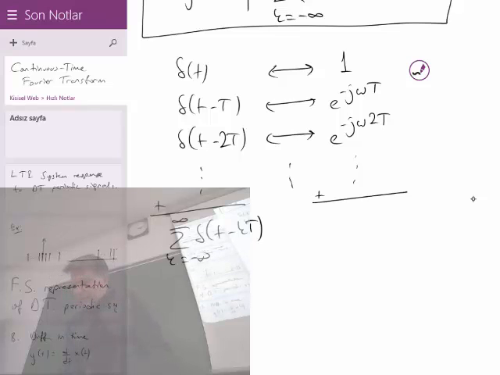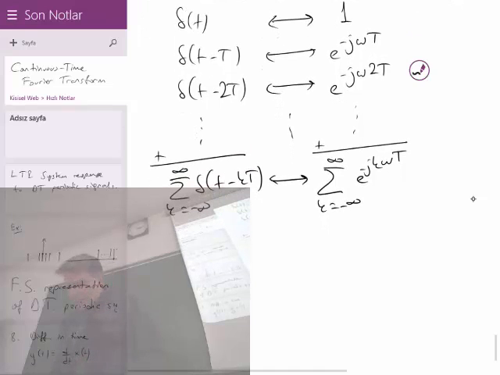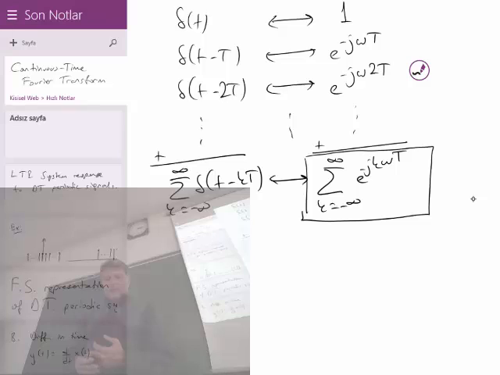And when we sum up these complex exponentials, the combination will be equal to the summation of, again, k from minus infinity to infinity, e to the minus j k omega capital T, with 2 capital T, 3 capital T, or minus 2 capital T, etc. So this summation is therefore the Fourier transform of the left hand side, and I'm going to put it in another box, and I'm claiming that it is also equal to the Fourier transform, which is correct.